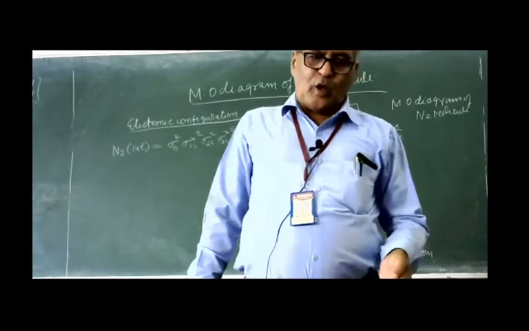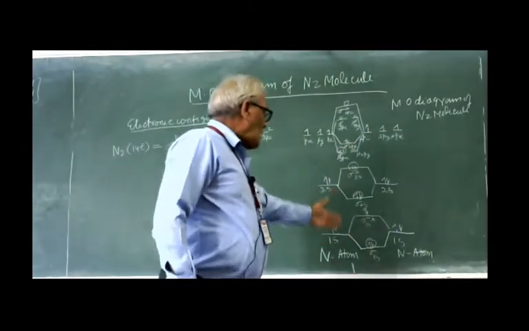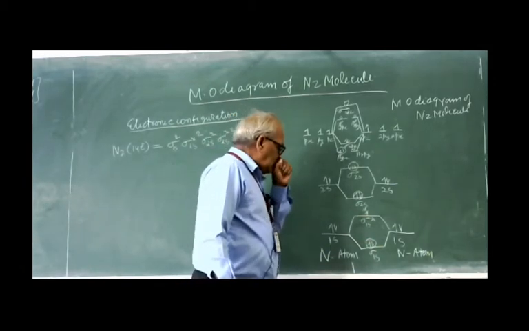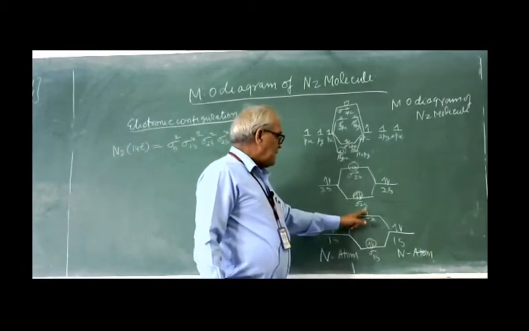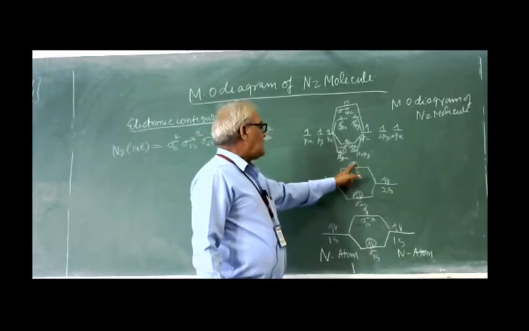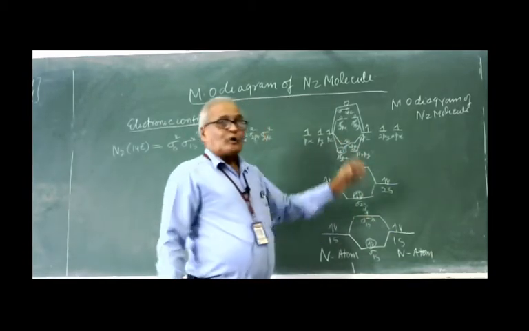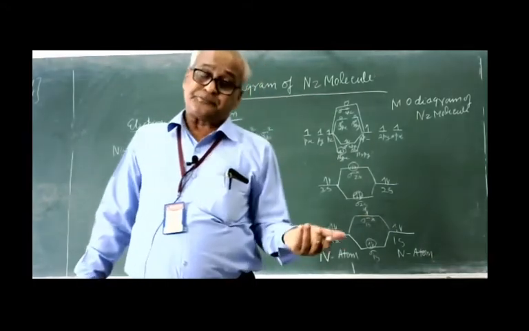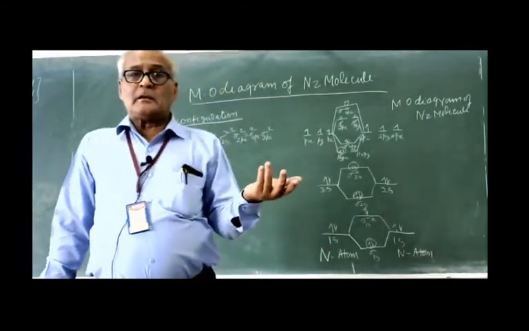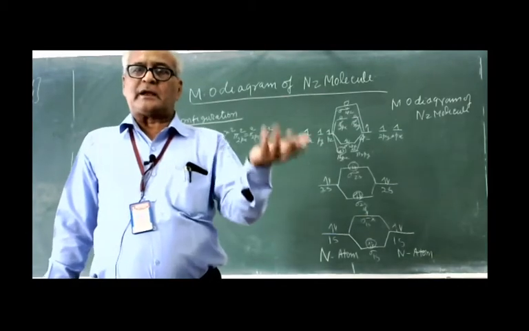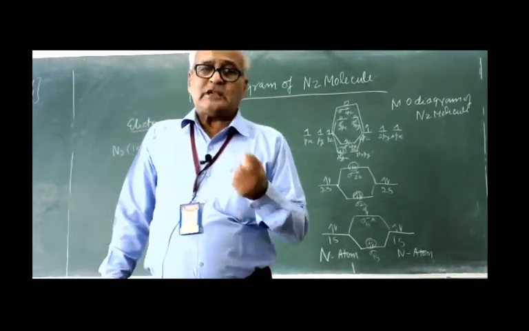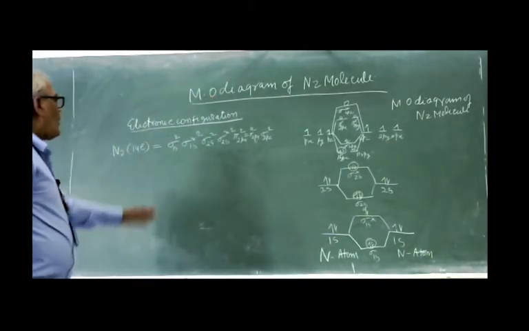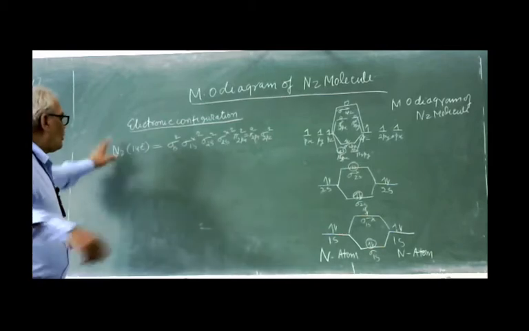So if all molecular orbitals are paired, paired, paired, all molecular orbitals, either bonding or anti-bonding, are filled with paired electrons. In this way, you can describe the characteristic of the nitrogen molecule.